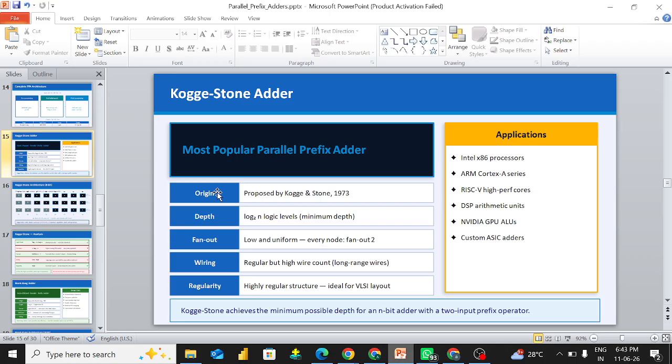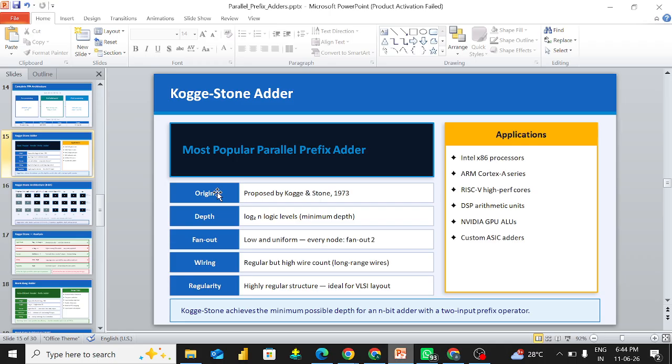In full adder FA0, what are the inputs you are going to give? The inputs A of 0 and B of 0 go inside full adder FA0, meaning the zeroth bit group. There will also be a first bit, second bit and third bit. Like this, we assign for a 4-bit input.